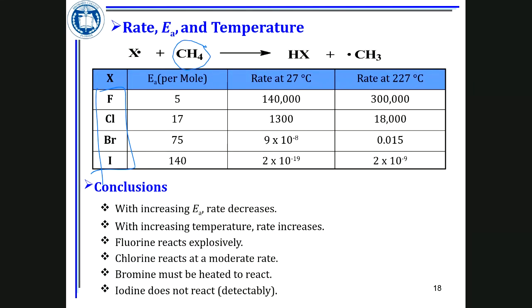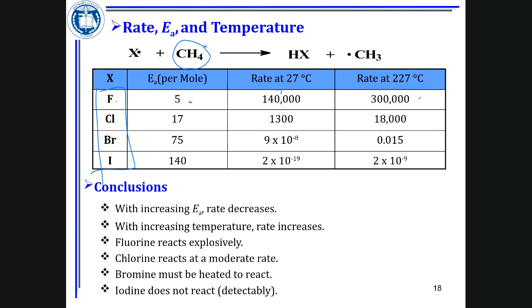If we take the simple alkane molecule, methane, and make it react with fluorine, chlorine, bromine, and iodine, the value for activation energy, the value for rate at low temperature, and the value for rate at high temperature are given to you. There are a couple of comparisons here. For chlorine, bromine, and iodine, at higher temperature, the rate is higher.